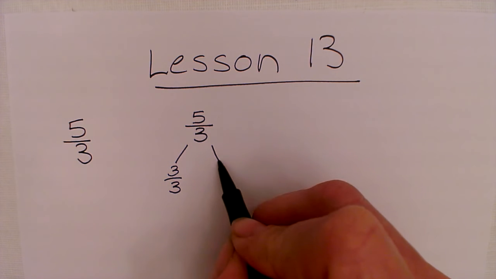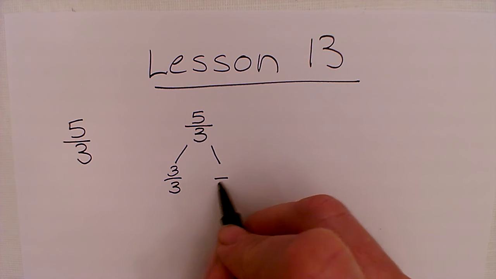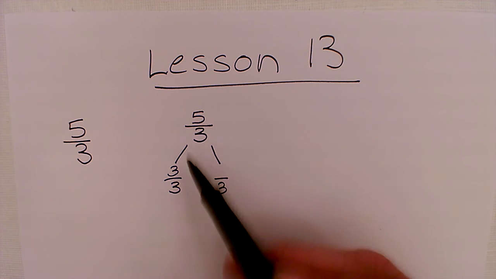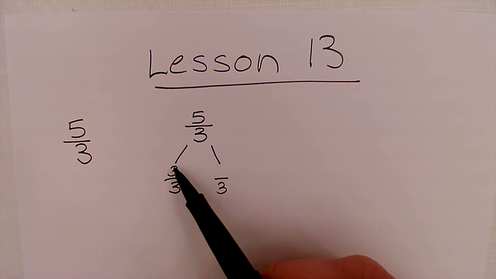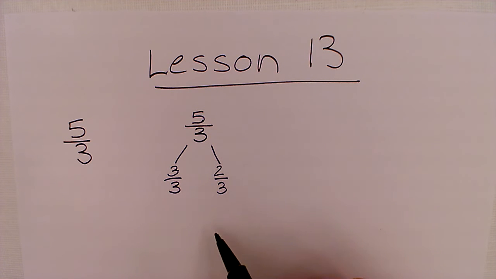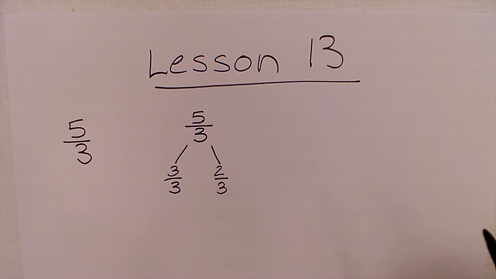Now remember, when we're adding or subtracting fractions that have the same denominator, which we have here, I can just add or subtract the numerators. So 5/3 minus 3/3 is going to give me 2/3, or 5 minus 3 is 2. 3/3 plus 2/3 gives me my 5/3 back.